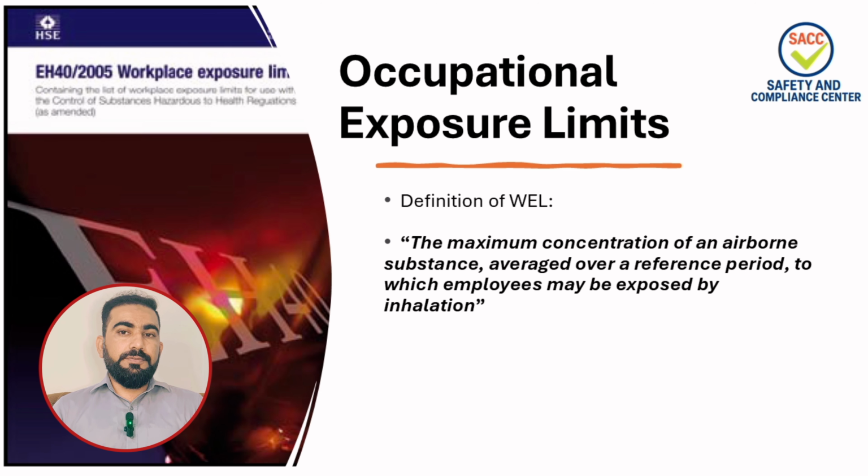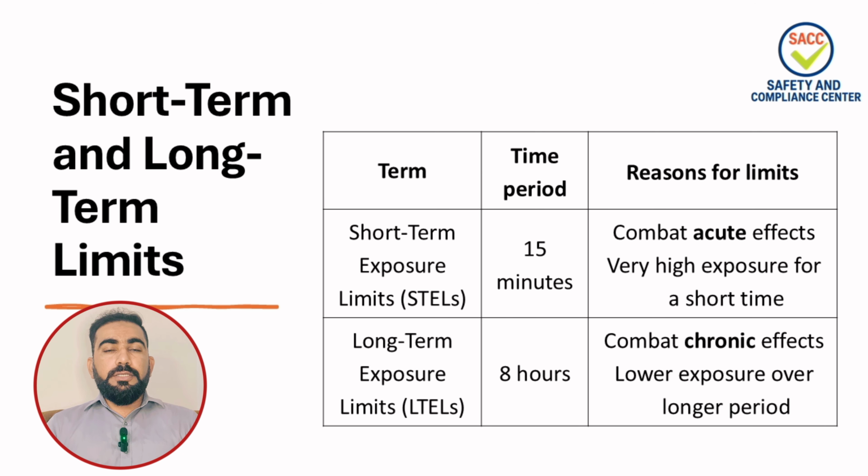Here is the official definition: it is the maximum concentration of an airborne substance, averaged over a reference period, to which employees may be exposed by inhalation. In simpler terms, it's the highest amount of a hazardous substance that can be present in the air, which a worker can safely breathe in, averaged over a set time period. The short-term exposure limits are based on a 15 minute time, and they are designed to protect the workers from acute effects like dizziness, headache, and irritation that can hit quickly after a high exposure.